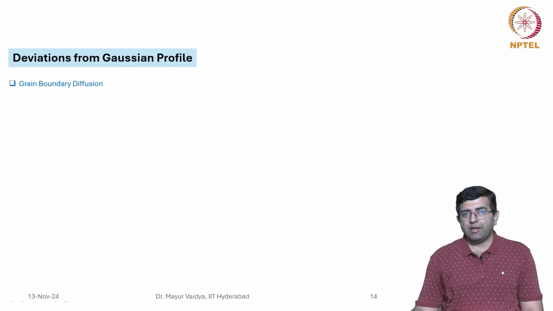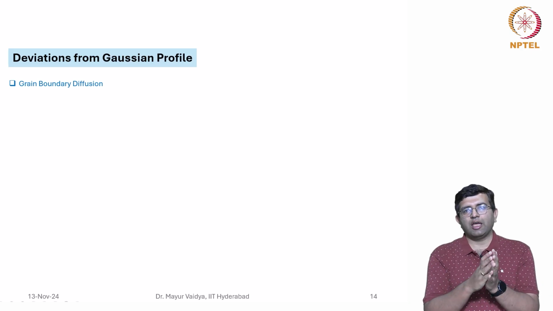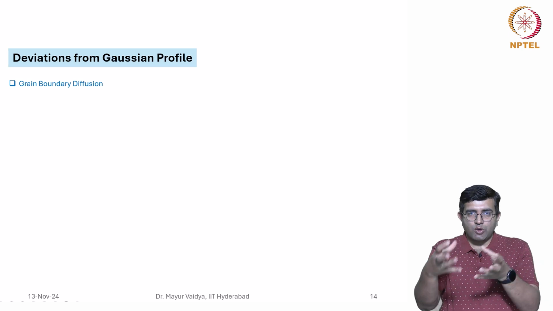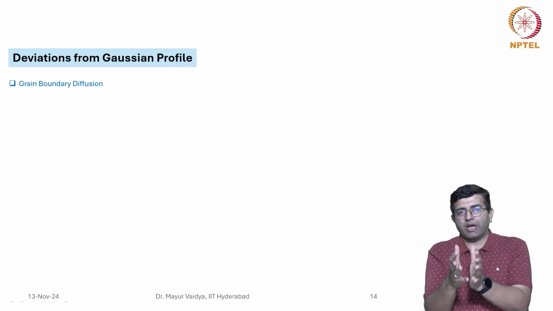The first is grain boundary diffusion. That means that along with the lattice diffusion, there is also grain boundary diffusion occurring. So you end up getting two branches in the profile.